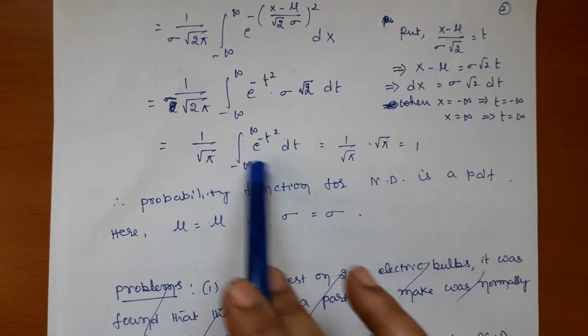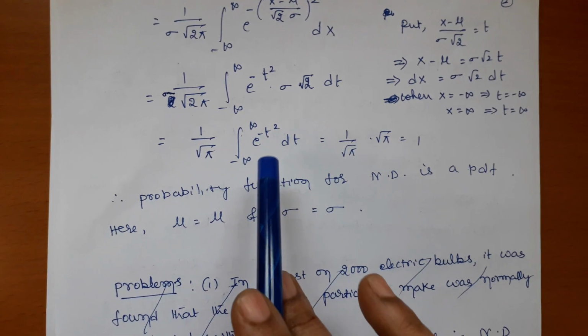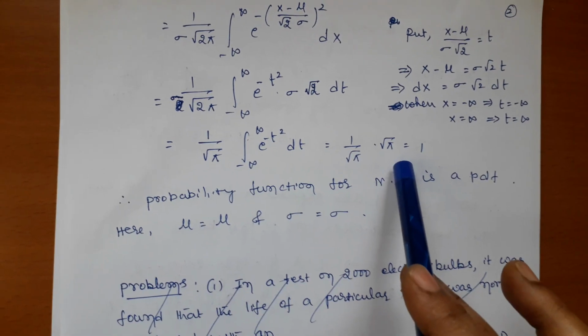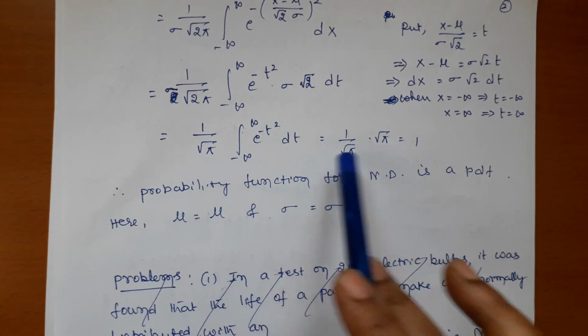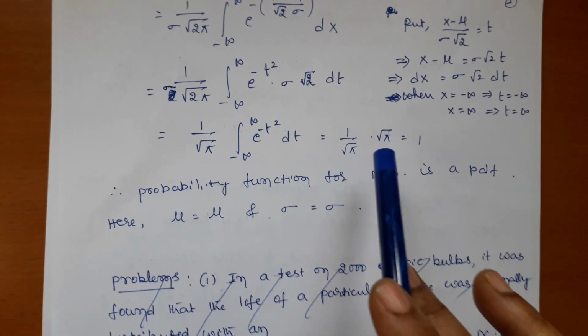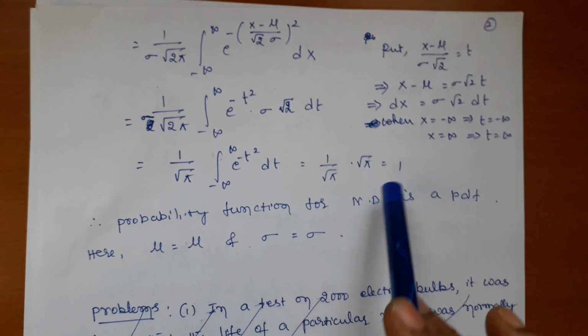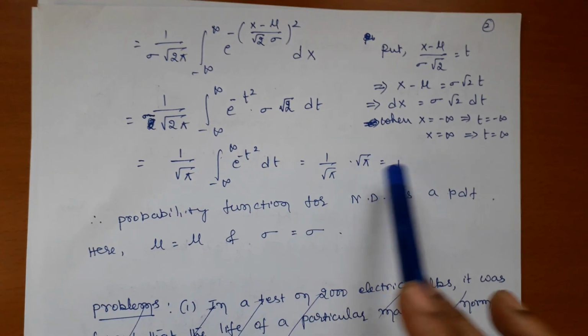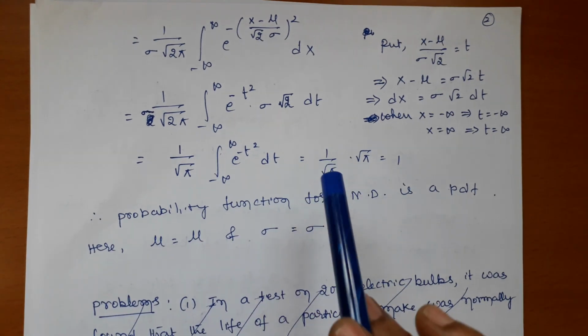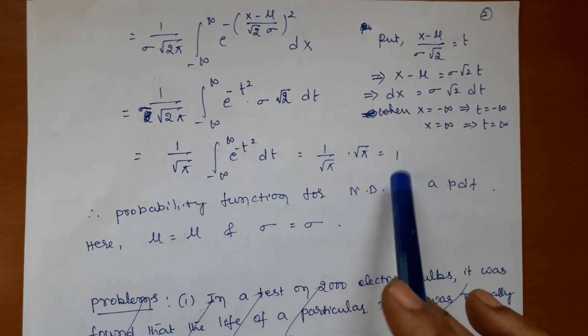I already told you this value; it is a standard integral. The value is root pi. Actually, we get this value from the beta gamma function, but it is not necessary to know how; just treat it as a standard result. So root pi cancels, and we get the integral from minus infinity to plus infinity of p of x dx equal to 1.